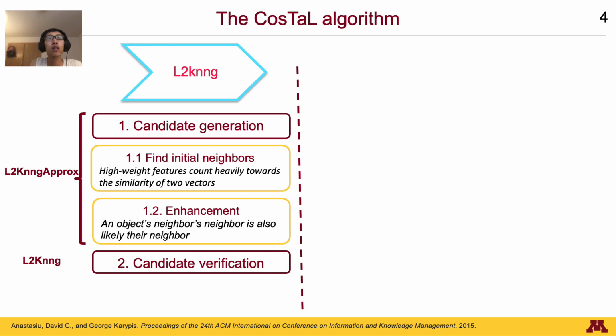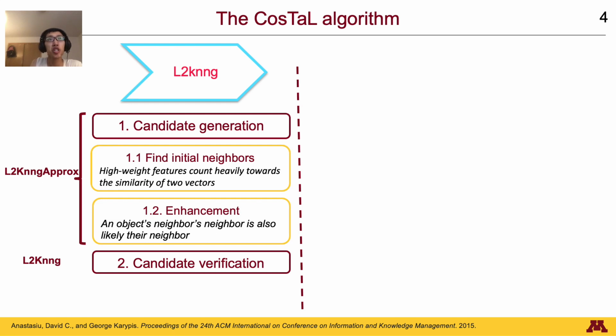And the first approximate stage is really what empowers L2KNG to be ultra fast. It fundamentally makes use of two basic principles. The first one is that high weight features count heavily towards the similarity of two vectors, which means that if two vectors share a lot of those high weight features, they have a higher possibility of being neighbors of each other.